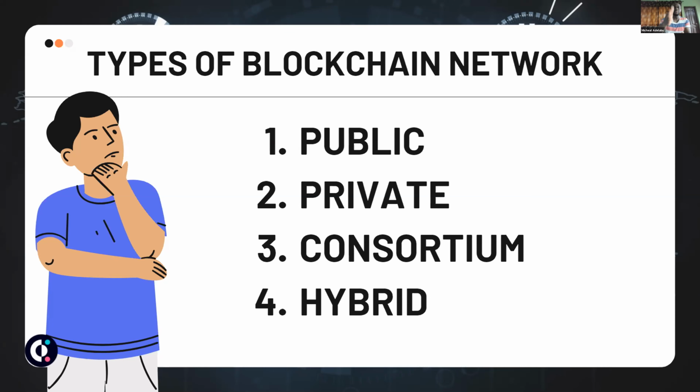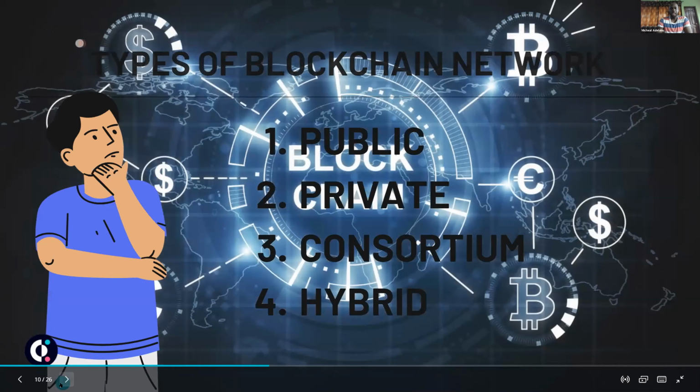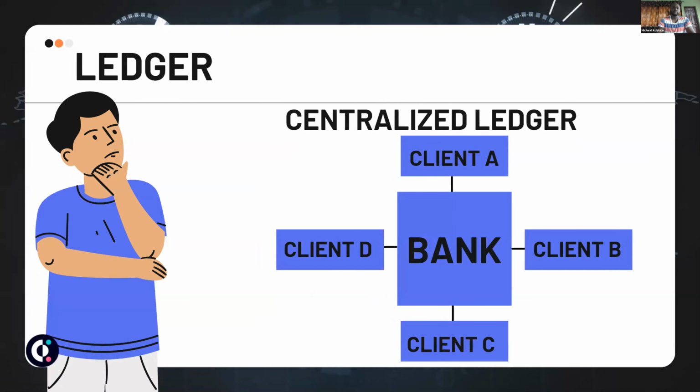The openness is limited in a consortium. So we've known about the public, the private, the hybrid, and the consortium types of blockchain. Now let's go into ledger.